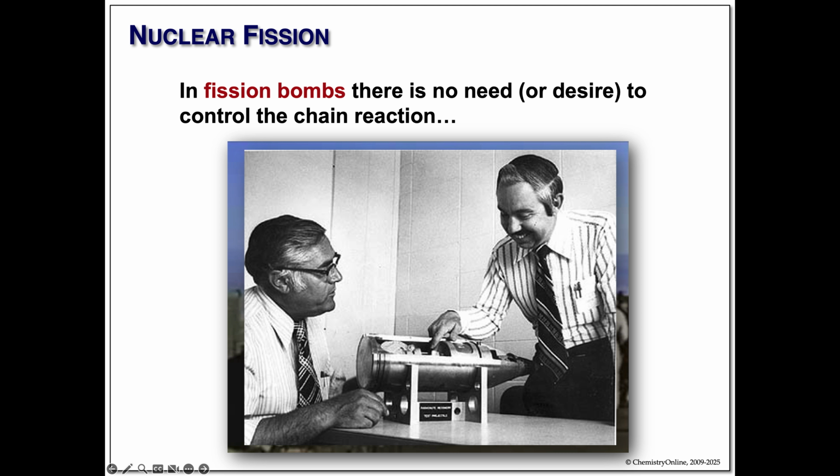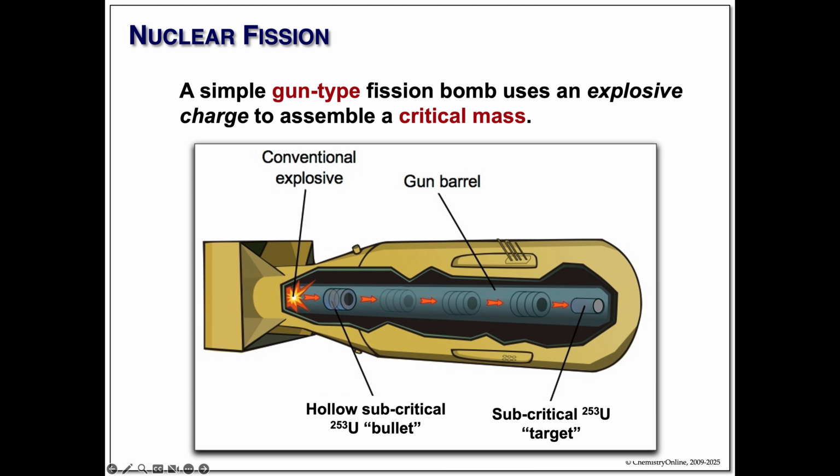The first bomb, however, was not very sophisticated at all. This one was the first one to be used in World War II. It's called a gun-type fission bomb. This is very, very simple. All you need is uranium-235, enough to make a critical mass.